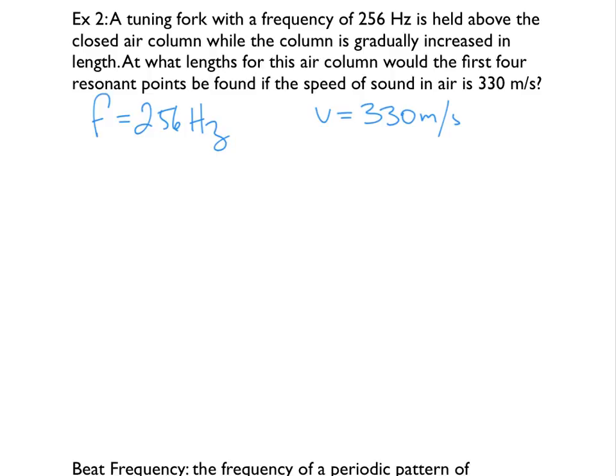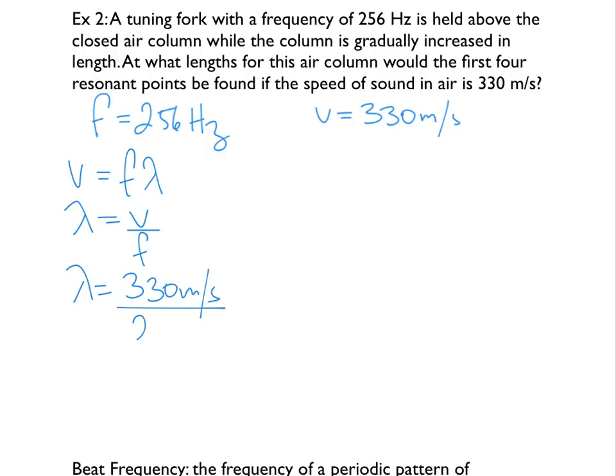So why don't we figure out what our wavelength is, and we can use our v = fλ equation, and rearrange for lambda, which is v over f, and lambda is going to be 330 meters per second over 256 hertz, which is 1.29 meters.